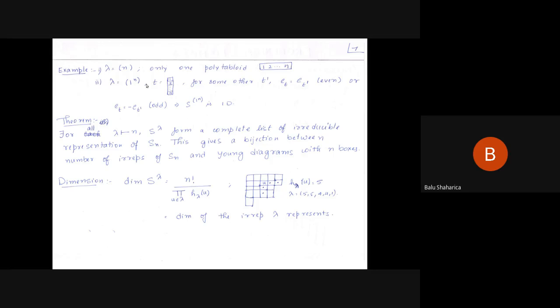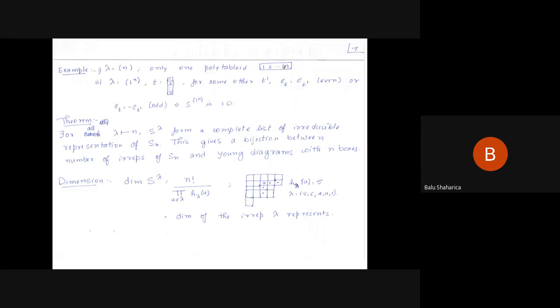And here, for lambda being n one-cycles, if I take another T and find E_T, and act some permutation which belongs to the column group, either I will get the same polytabloid or I'll get the polytabloid with a minus sign. So it's basically one basis vector.